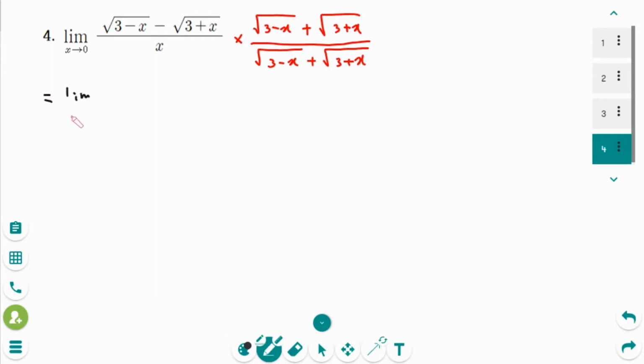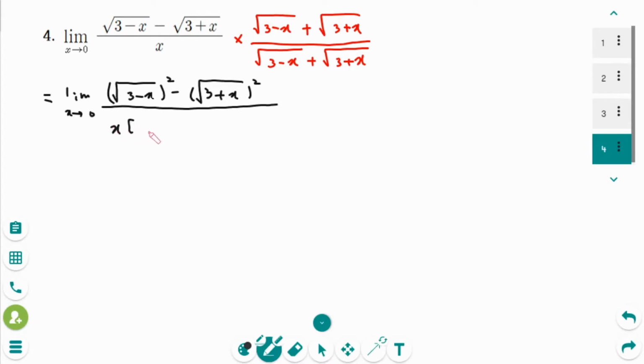So, square root of 3 minus x squared minus square root of 3 plus x squared over x times square root of 3 minus x plus square root of 3 plus x.